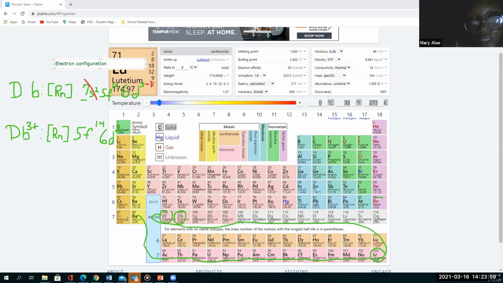The atomic number is 103. Is that 103 or 105? It's 105. Okay. Remember, Mary, that place down there, pretend that whole strip is in that blue section on the top. Oh, okay.